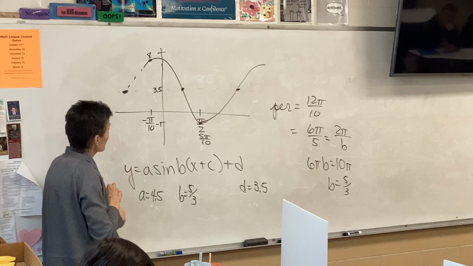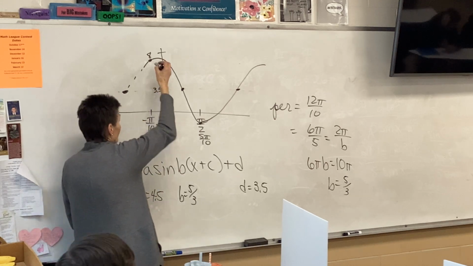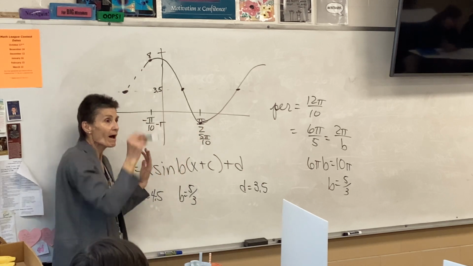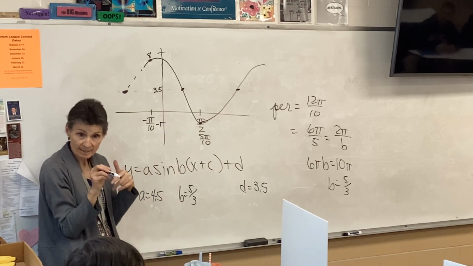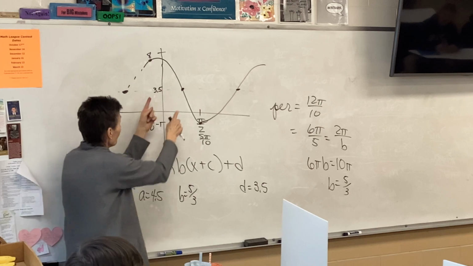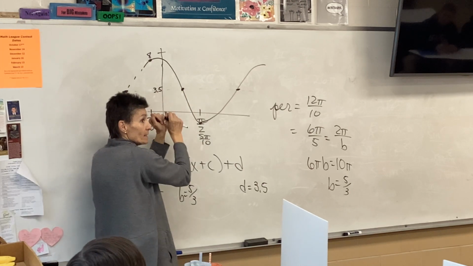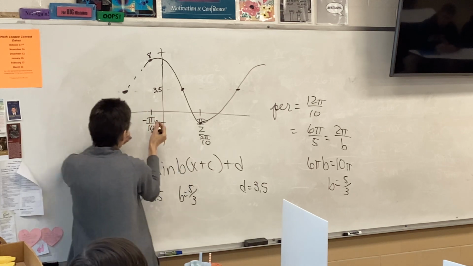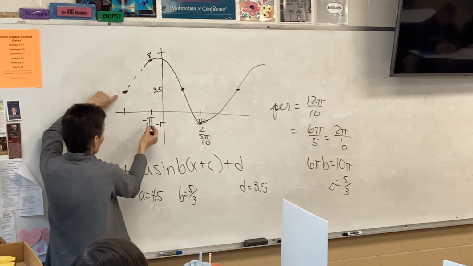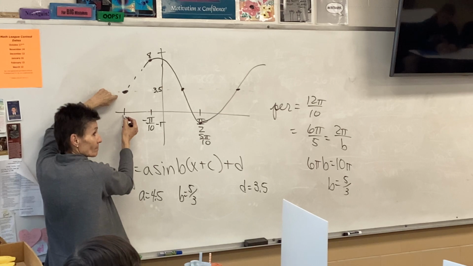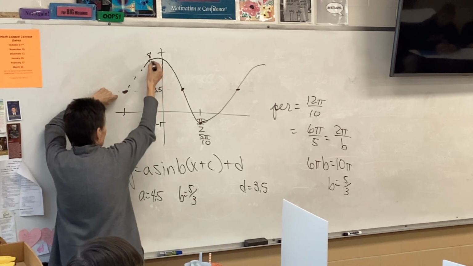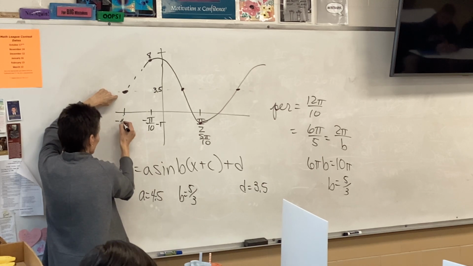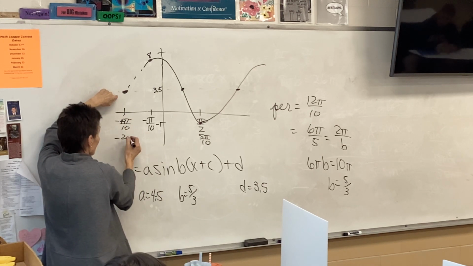I know we figured out that half the period was 6/10. So won't a fourth of the period be 3/10? So if I start here and back up 3/10, because that's a fourth of the period, then that would put me at -4/10 or -2π/5.